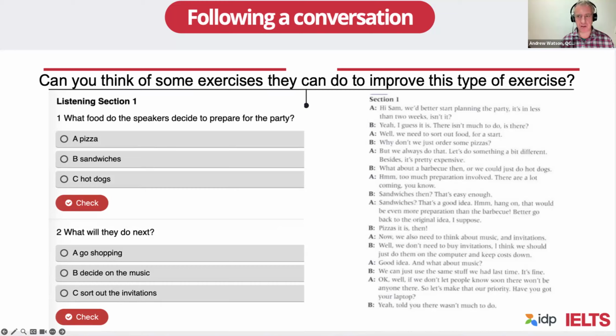Like, for example, the person says, hang on then, that would be even more preparation than the barbecue. That's a way of kind of turning down the idea, isn't it? So, yeah, students need a bit of familiarity with this sort of functional language.